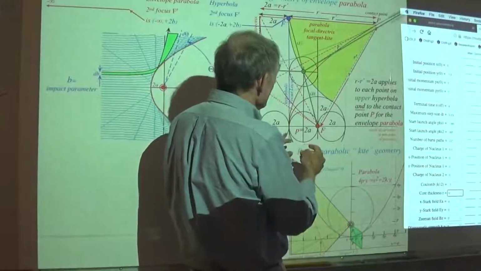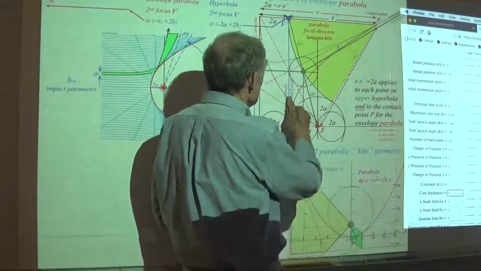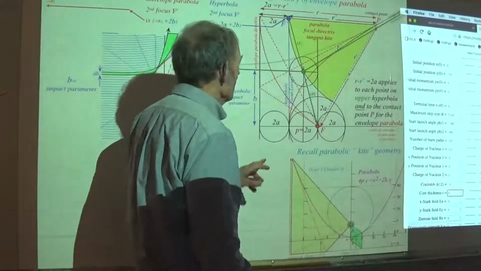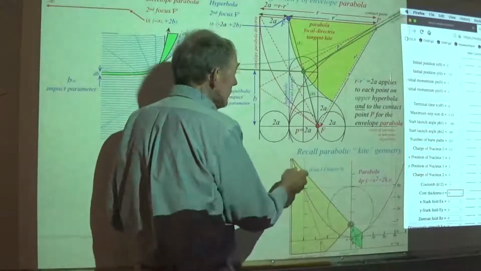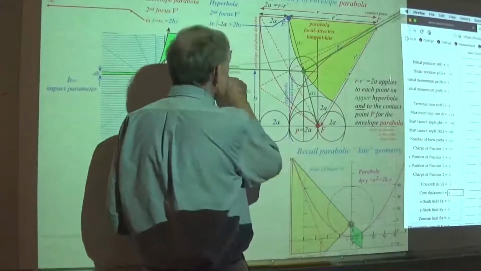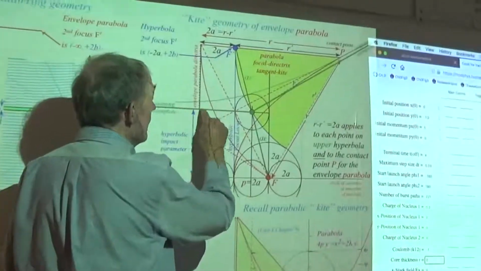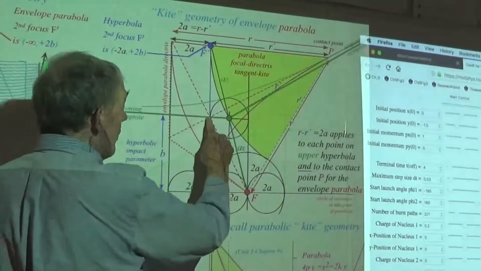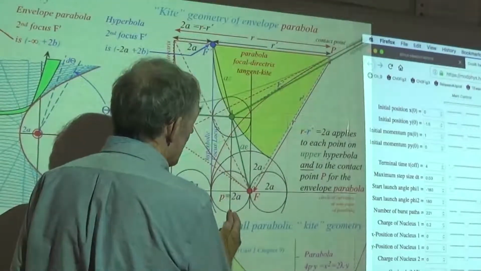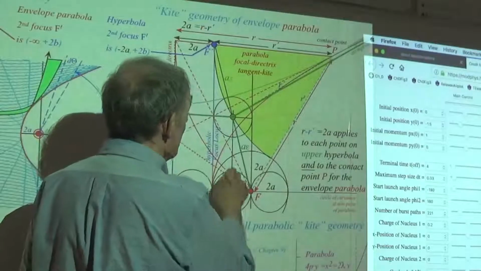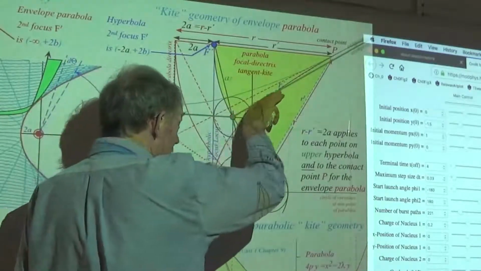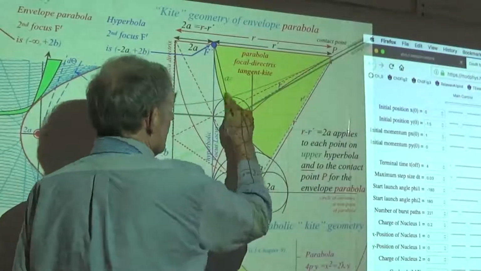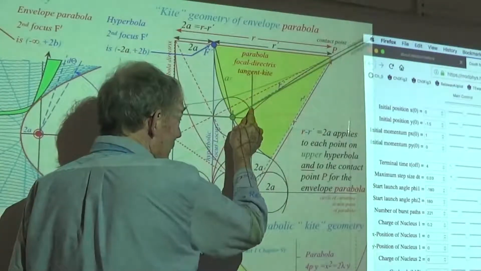But remember that the second focus is on this focus locus right here, the second focus locus. At this particular juncture, we've picked an impact parameter that's right here, and we just draw a line through there till it's above the center, and that's where you make the next asymptote. This is the forward scattering angle right there.